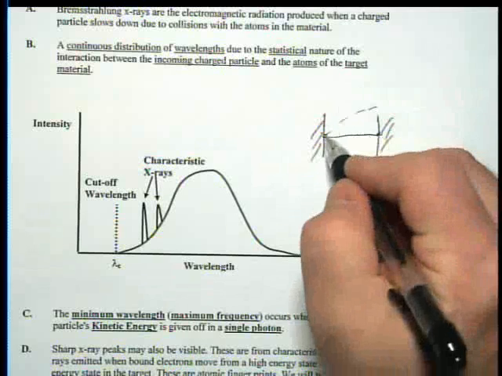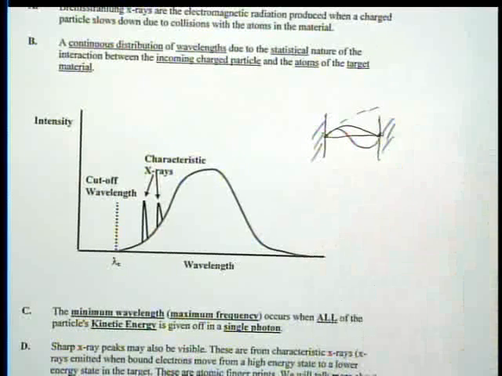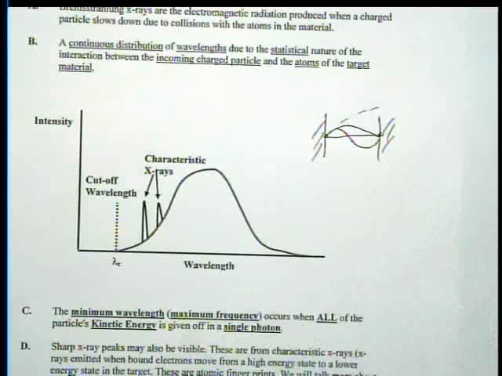You only get discrete solutions. So when you see something that's discrete, you're probably looking at a bound system. And when you see things that are continuous, you are looking at an unbound system like a free electron smacking into stuff. We'll come back later and talk about the solutions that they have.